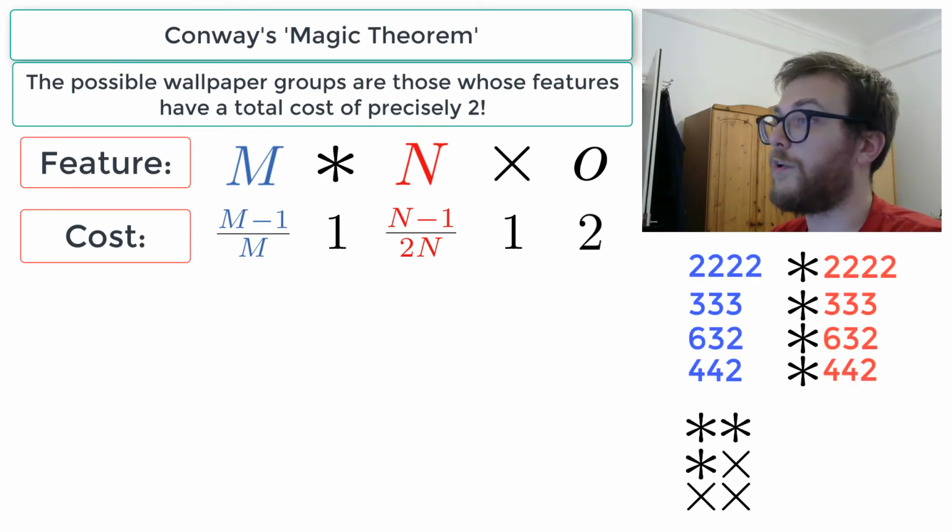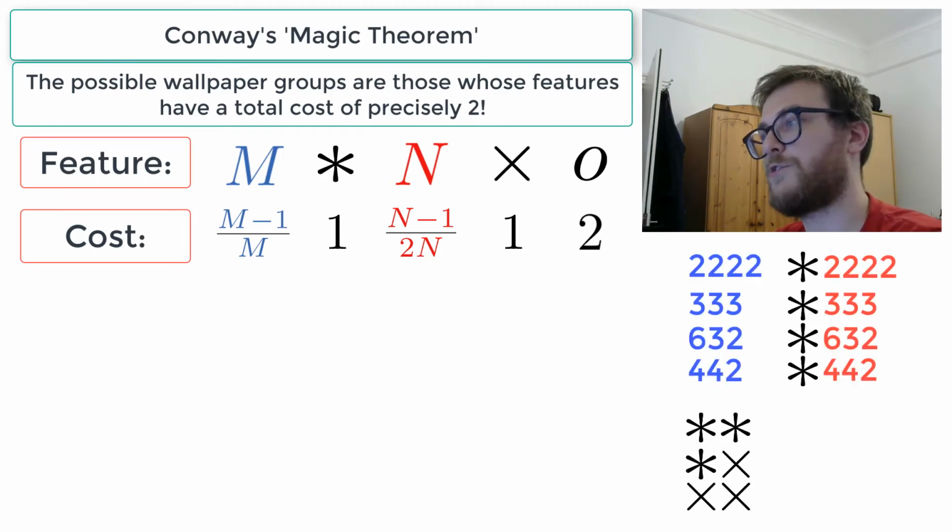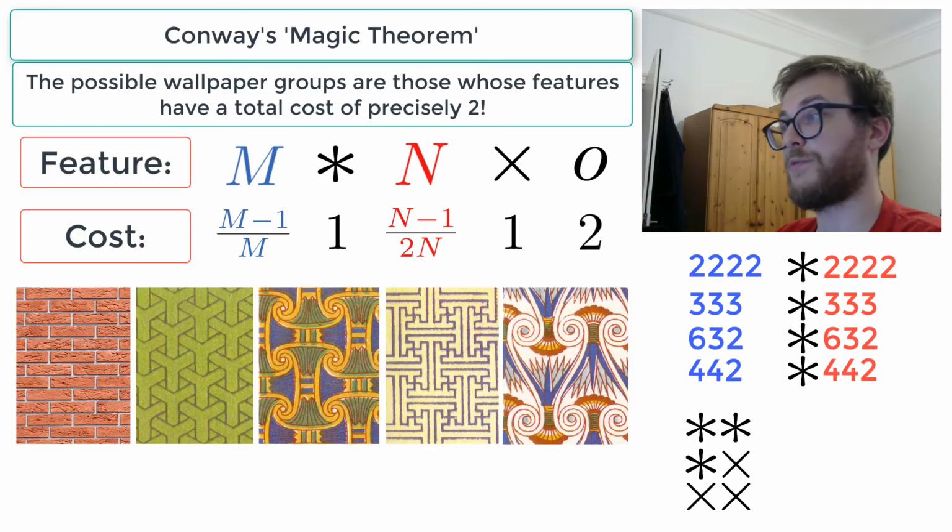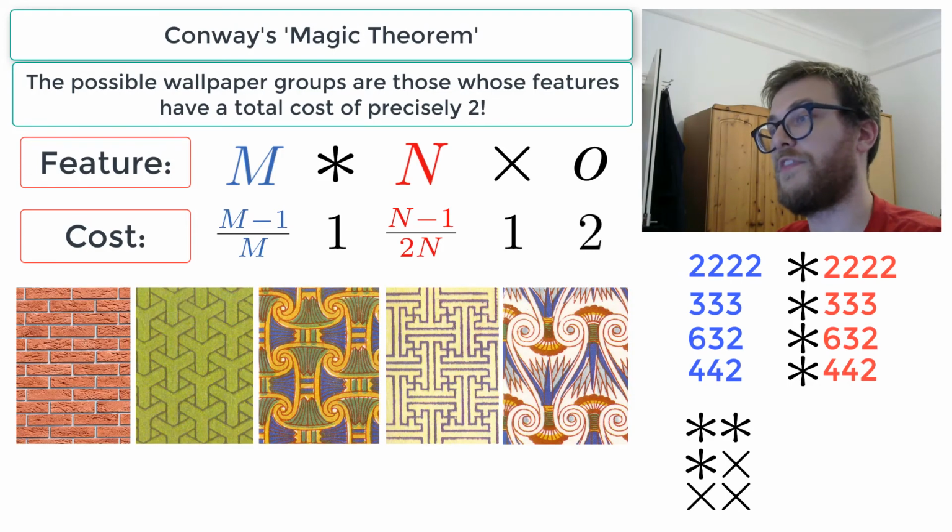We can, of course, combine rotations and reflections as well. I think it's best to leave these other possibilities as an exercise to you, as it's fun to figure out the names of the groups and what they look like. To help you out though, the other possible symmetry groups are displayed here. These are examples of wallpaper patterns with these hybrid symmetry groups.